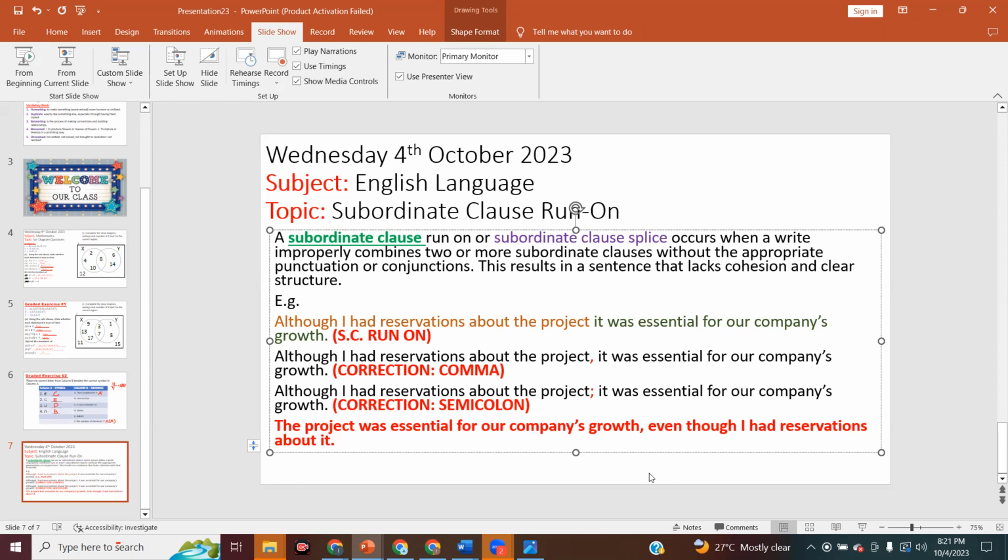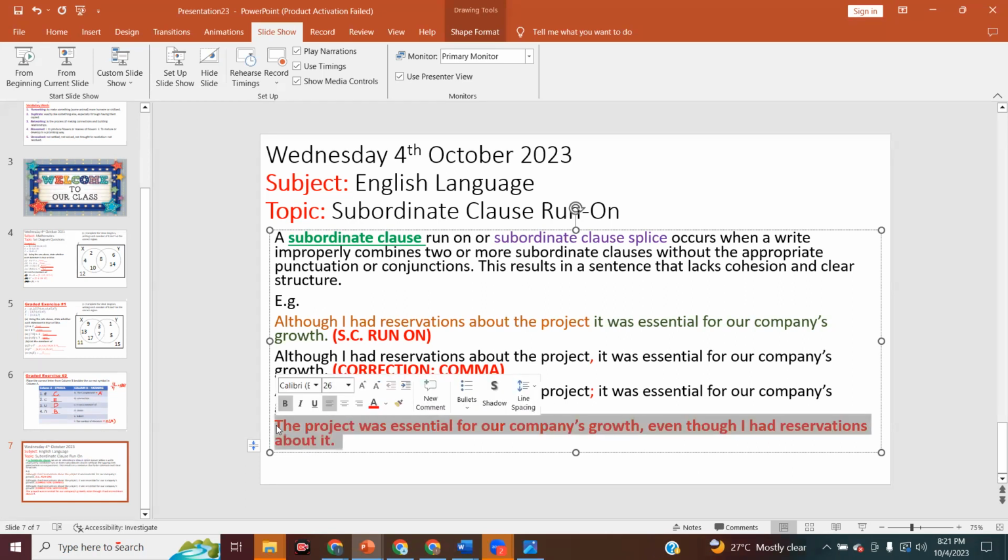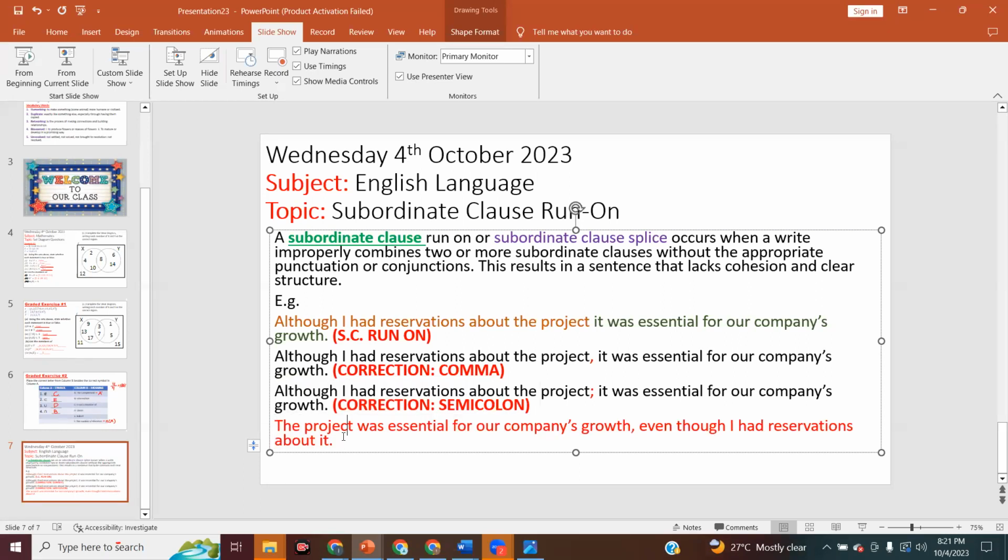All right, so that's another way we can correct it. So we can correct it by restructuring the whole sentence itself. Does that make sense?